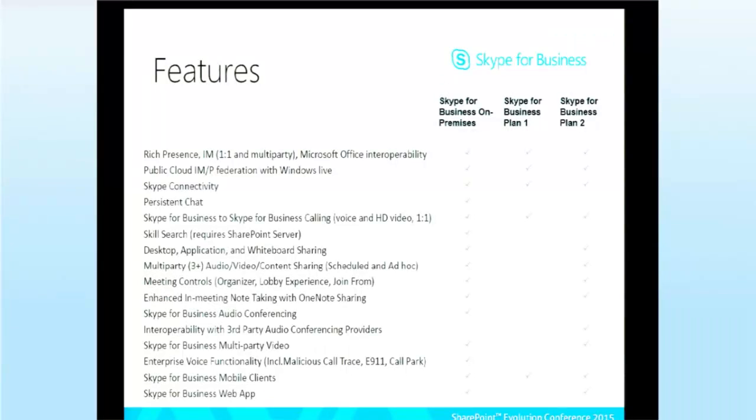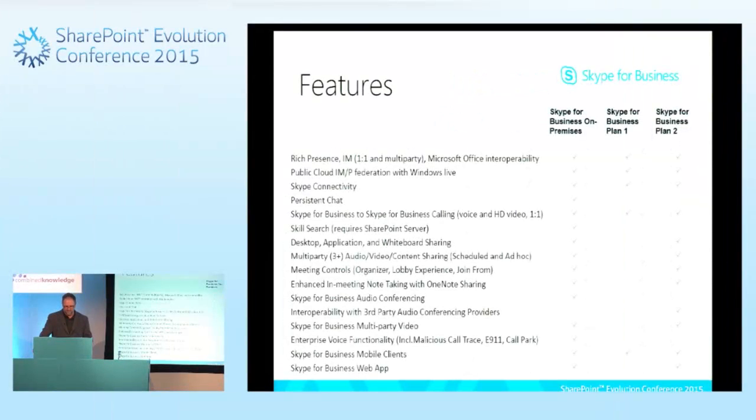And some organizations may still stick with the on-premises version of Lync, which again will be updated to Skype for Business as an on-premises tool as well, because there are still some gaps in terms of things like audio conferencing within the online offerings for Skype for Business.